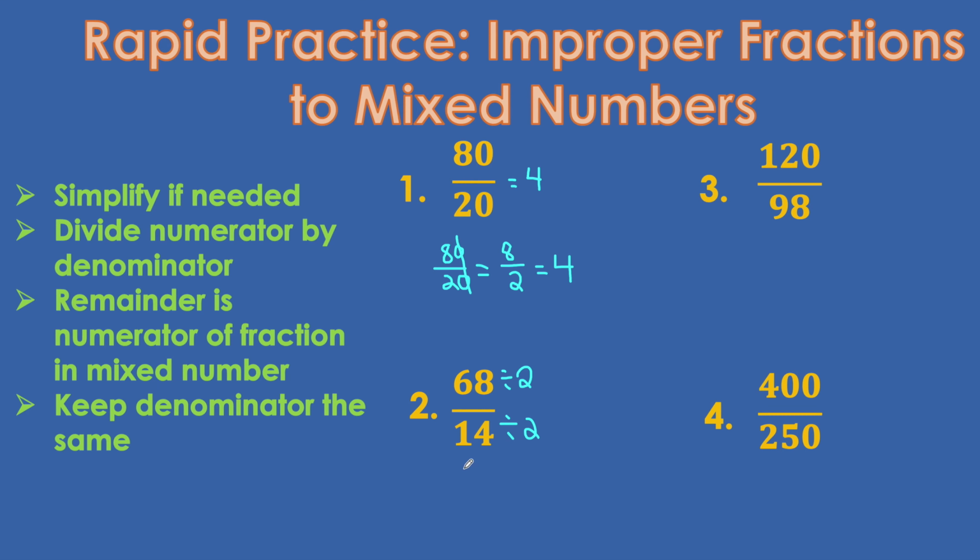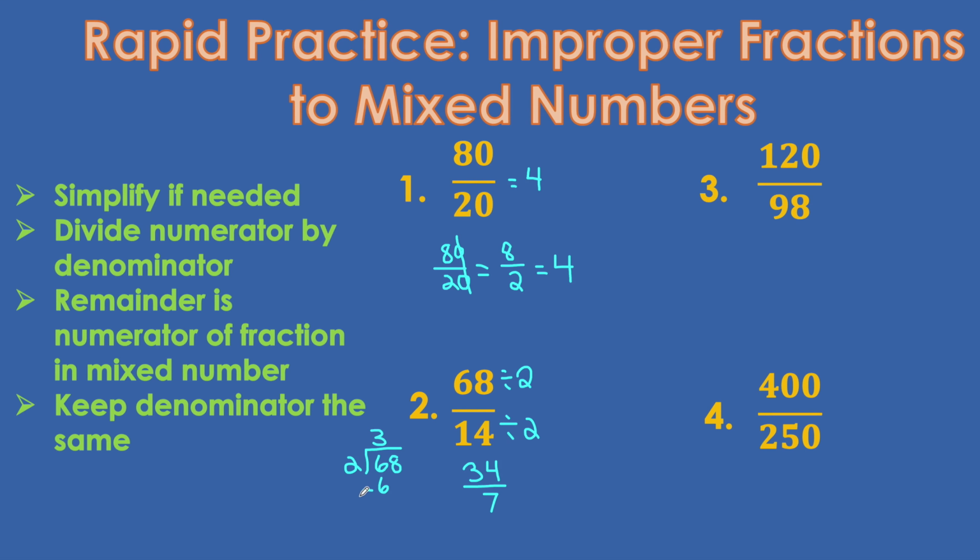And we get 34 over 7. You can divide here if you need to figure it out. Let's see how we got that 34. So 2 goes into 6 3 times. 3 times 2 is 6.